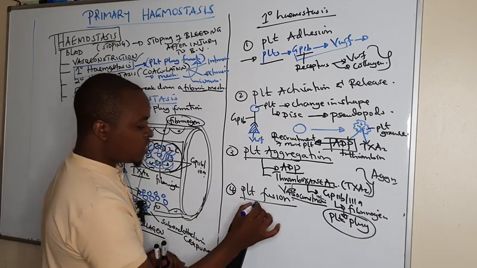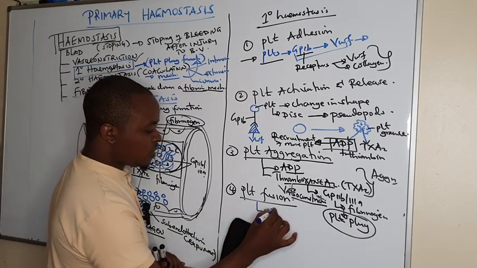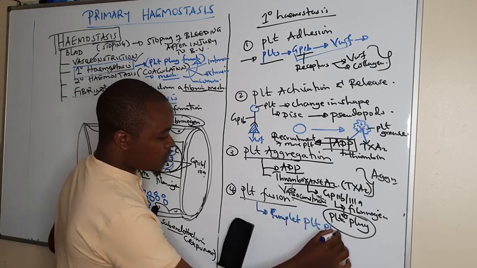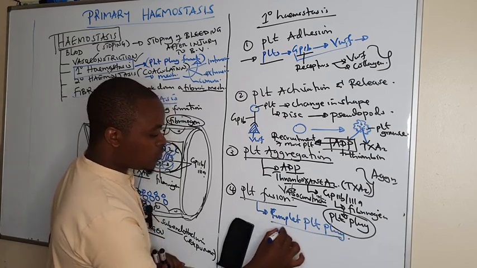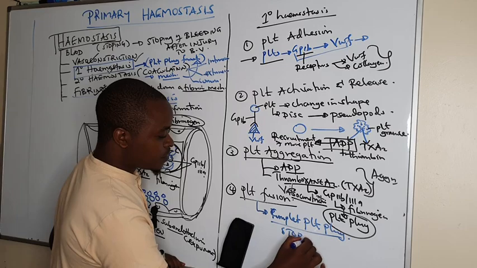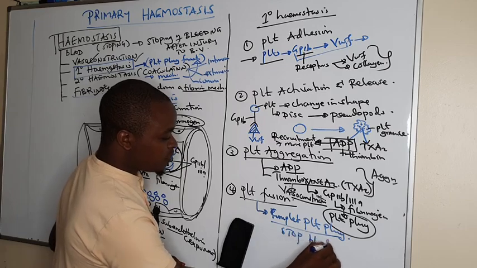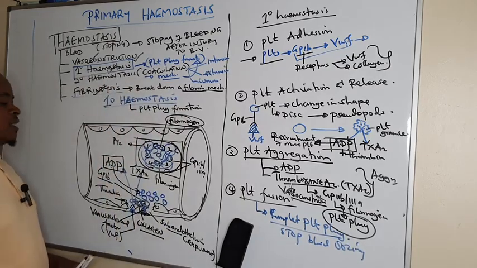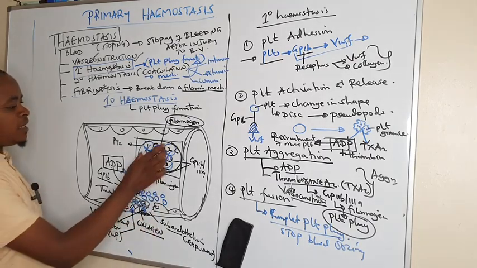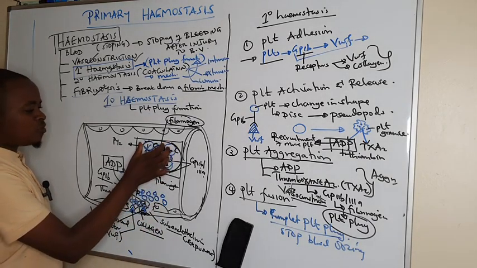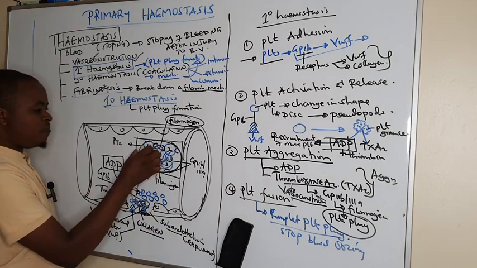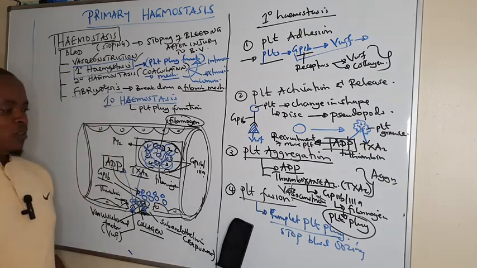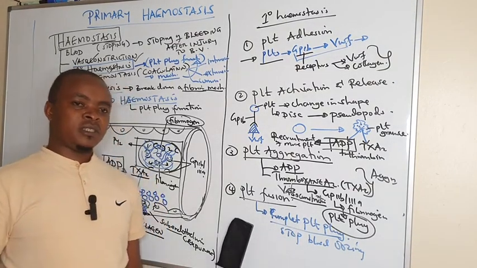So the role of platelet fusion is to form a complete platelet plug, which is able to temporarily stop blood from oozing out of the injured site. So fusion is the last step whereby the platelets come closer by the help of a small mesh created by the fibrinogen, hence preventing blood from oozing out.